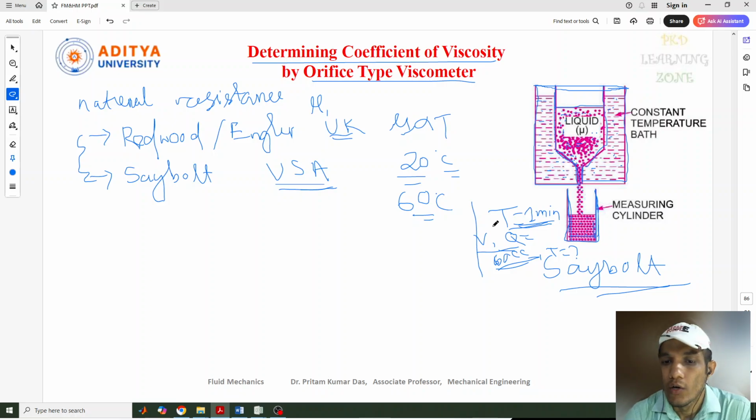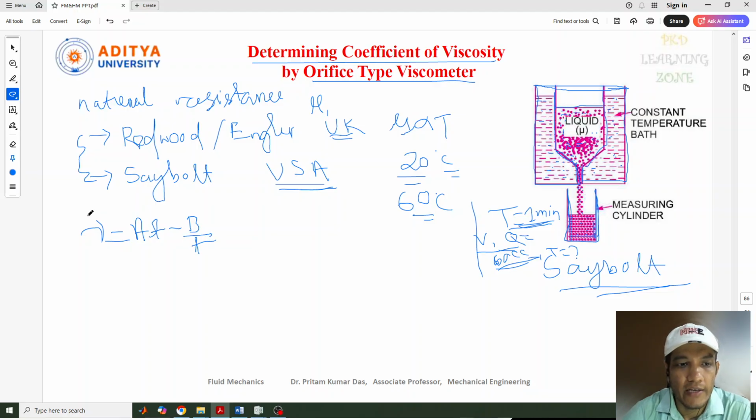From this measurement, one equation was identified from this experimental setup: the kinematic viscosity equals A times T minus B by T. This is the equation they got.